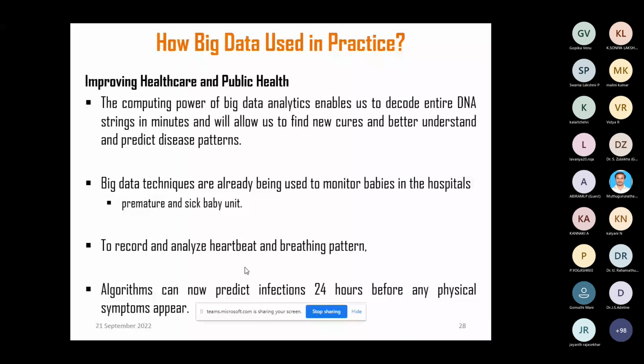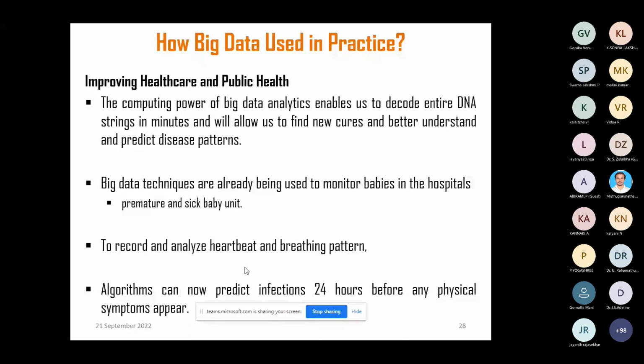A disease symptom may appear 24 hours later in the body of a patient, and doctors can make use of predictive models to analyze what kind of disease pattern may appear after 24 hours.